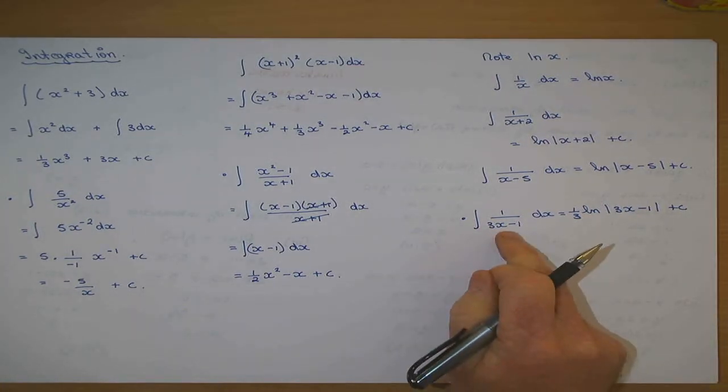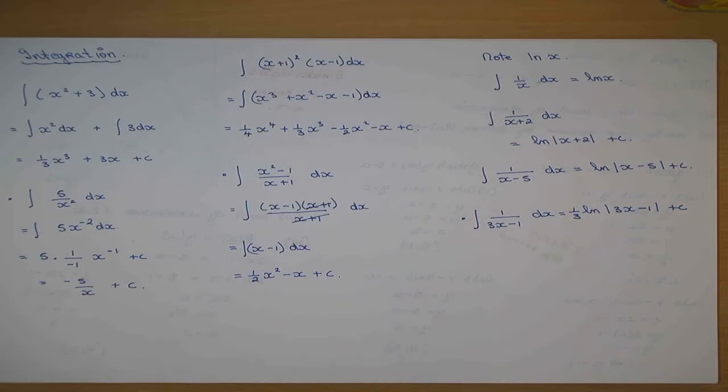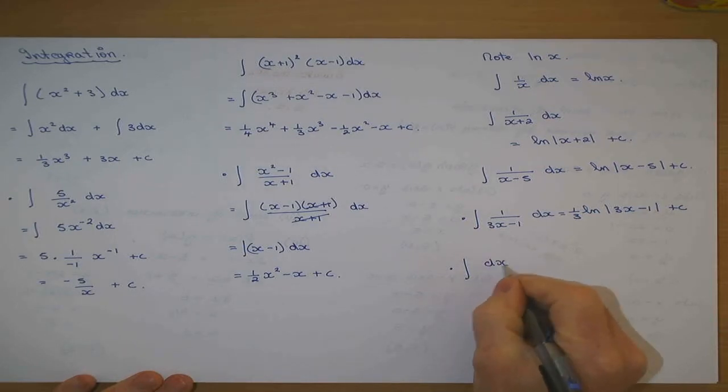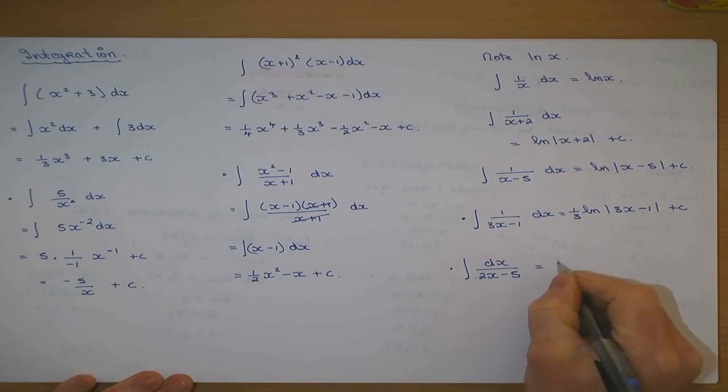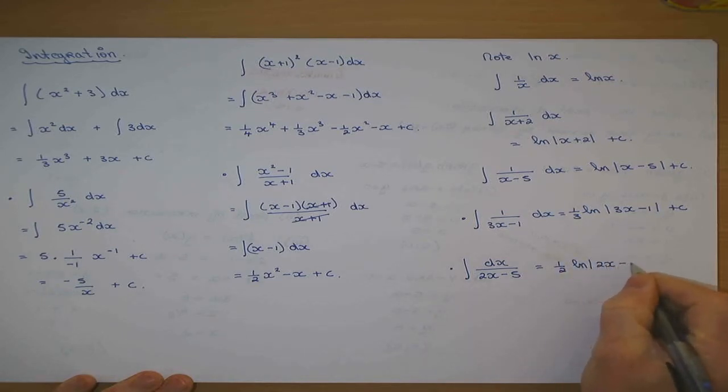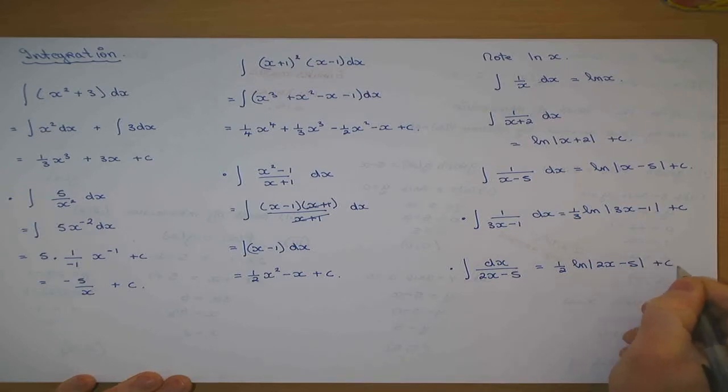What would the 3 in the 3x cause in differentiation? 3 times, yes? Whereas when you integrate, it causes the fraction. If I have the integral of dx over 2x minus 5, that is 1/2 the log of 2x minus 5 plus c.